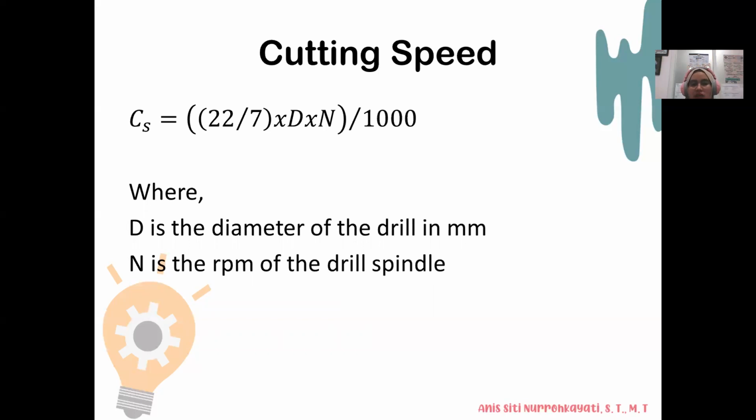Cutting speed, or CS, equals 22 per 7 times D times N, where D is the diameter of the drill in millimeters, and N is the RPM of the drill spindle.